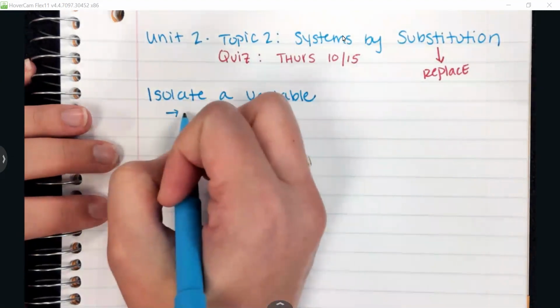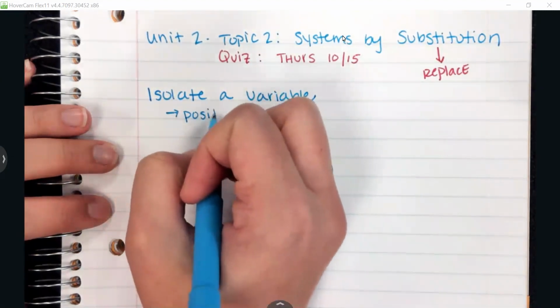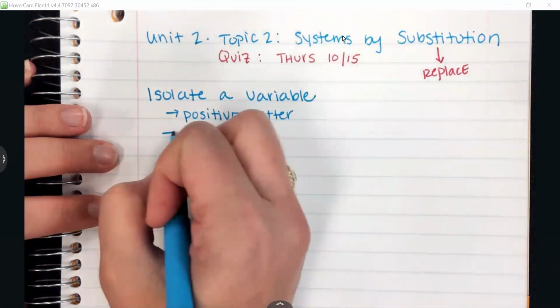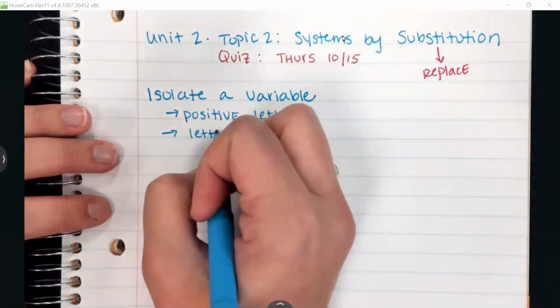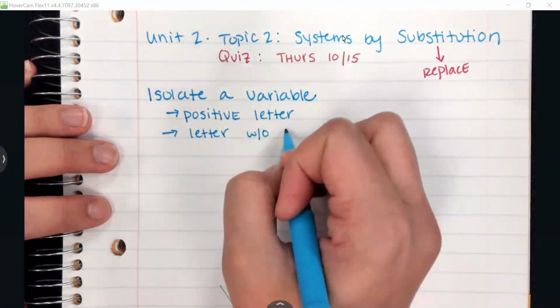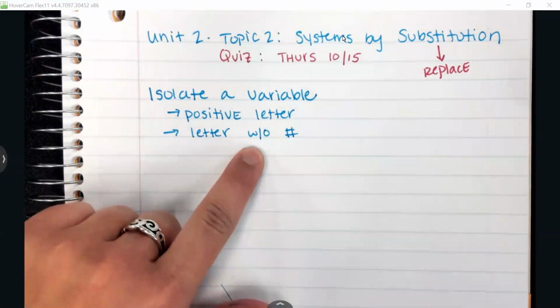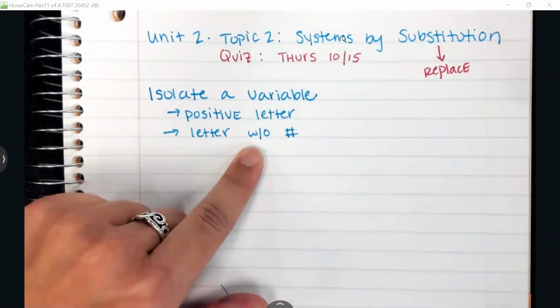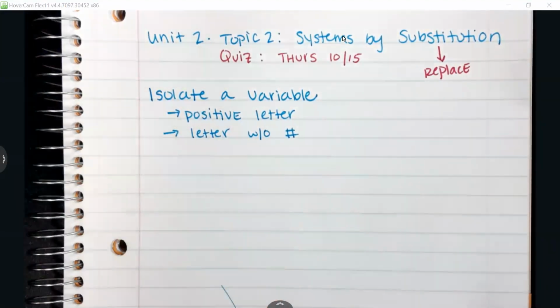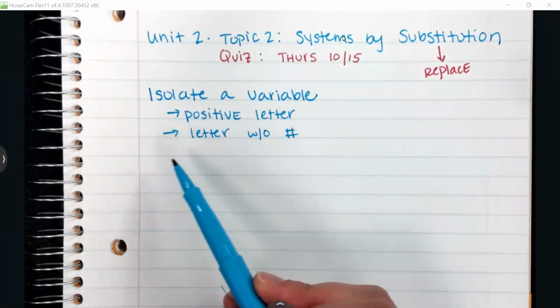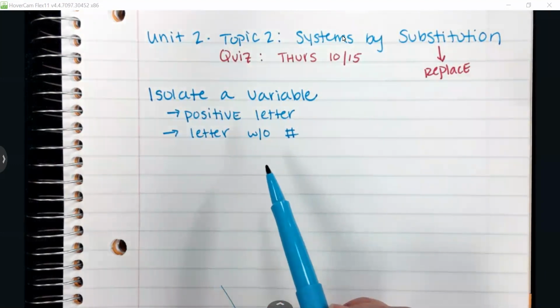My biggest hints are to pick a positive letter and to pick a letter without numbers. Y'all, if you don't know what that means, don't write it down. It means without. Spell it out if you don't know what it means, okay? So I want a positive letter and I want a letter without numbers.